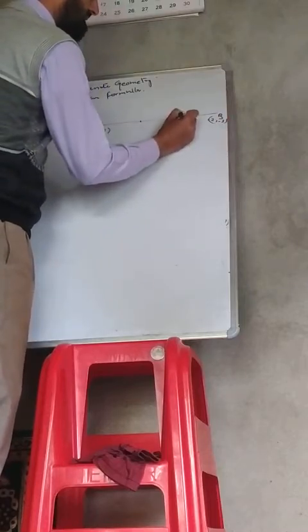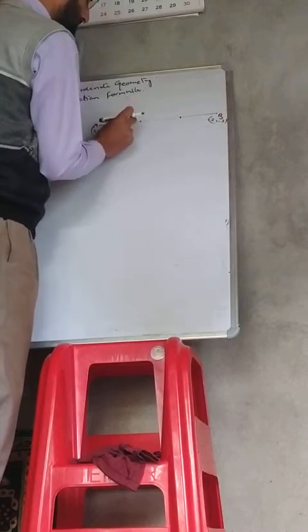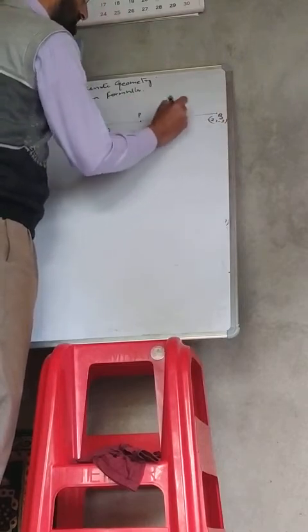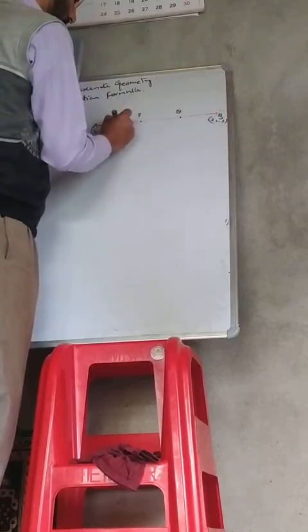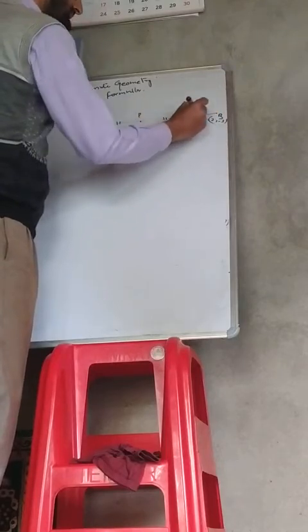Trisected means that it is divided into 3 equal parts. Suppose this is P and this is Q. AP is equal to PQ is equal to QB. All sections are equal.